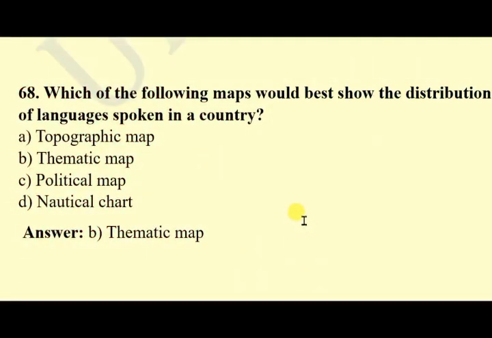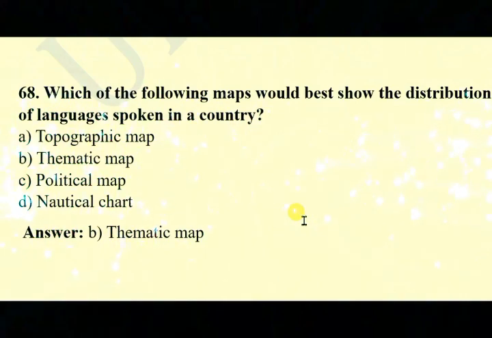Question number 68. Which of the following maps would best show the distribution of languages spoken in a country? Topographical map, thematic map, political map, nautical map. The right answer will be thematic map.